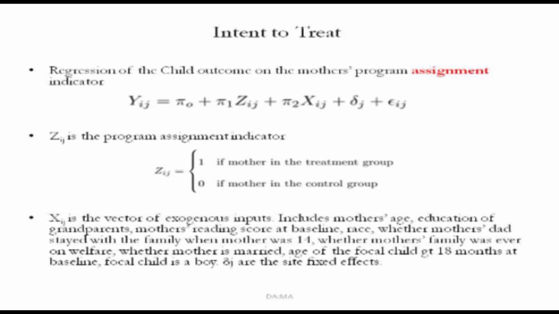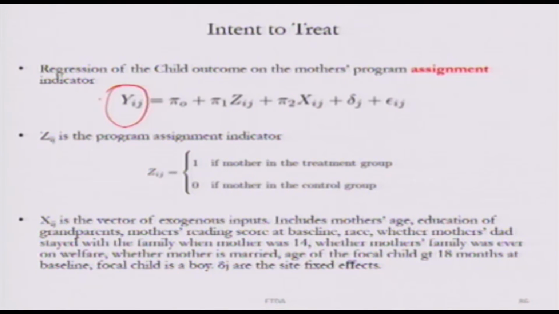So what they estimate over here is the following. They regress the child outcomes Yij, which is a child i in region j, on Zij, which is the program assignment indicator, whether a mother was assigned to the treatment group, or in other words, whether a mother was actually asked to join the training program, the New Chance training program, or not.